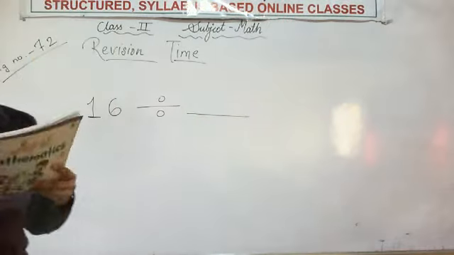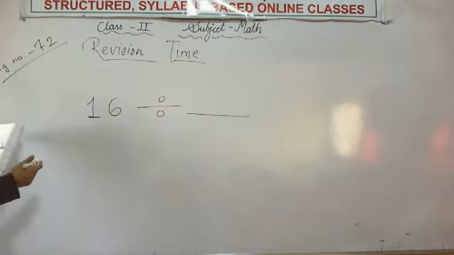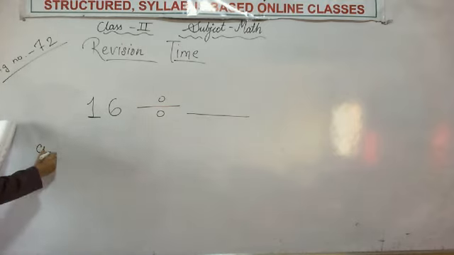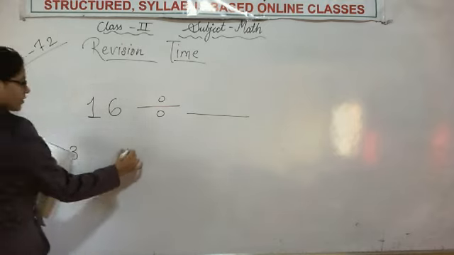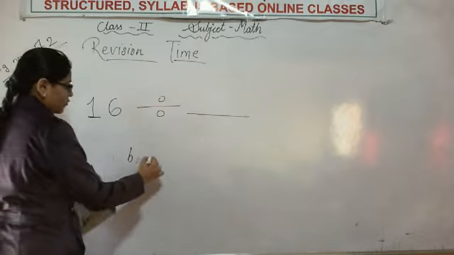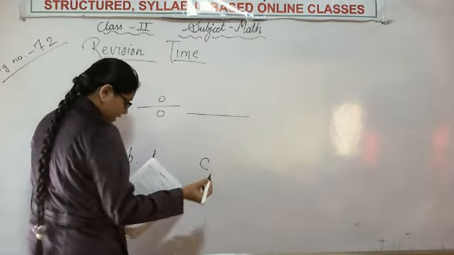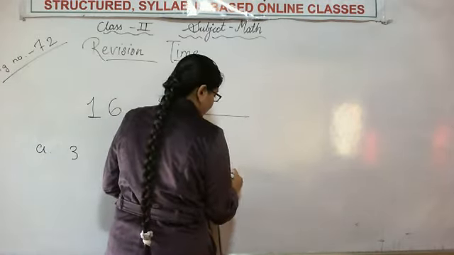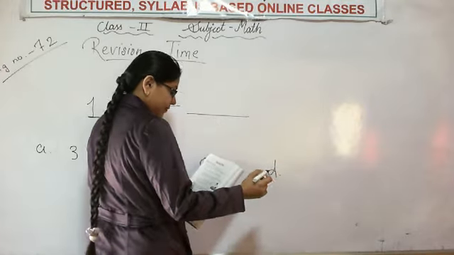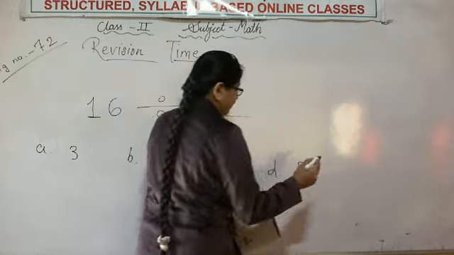So let's see the options first. What are the options? Option A is 3. Option B is 1. Option C is 4. And option D is 5.